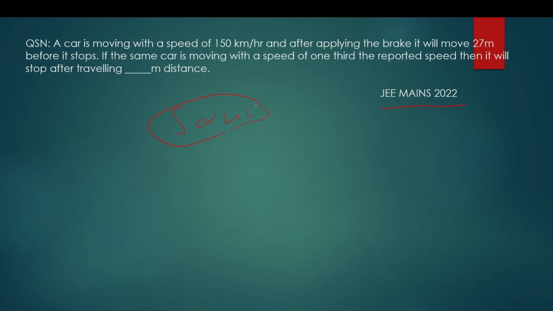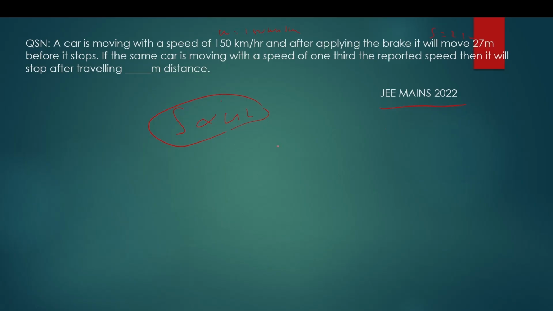Here the speed u is given 150 km per hour, and the stopping distance is given s equal to 27 meter. So when the body is moving with a 150 km per hour speed, if it applies a brake suddenly, then the body moves 27 meter and then it stops.